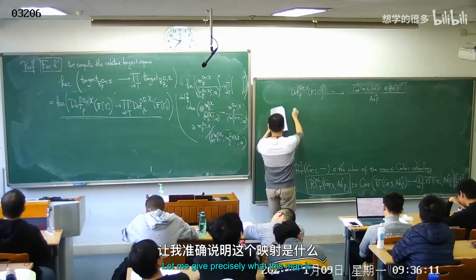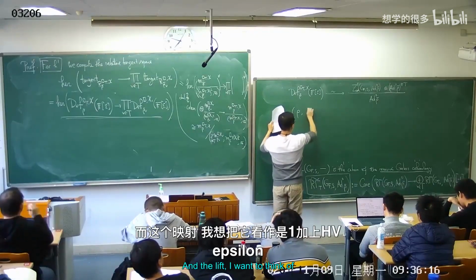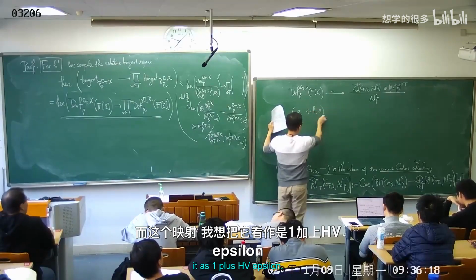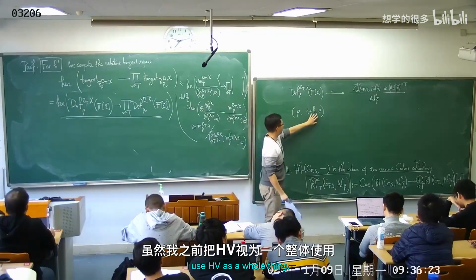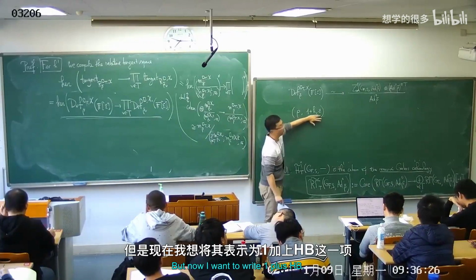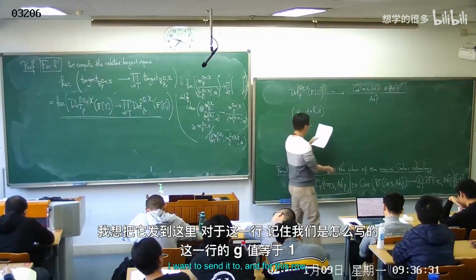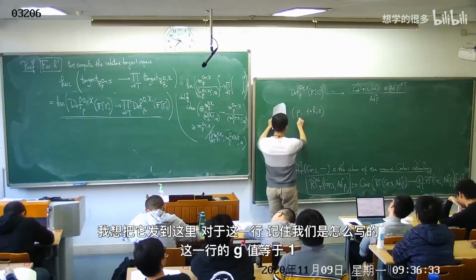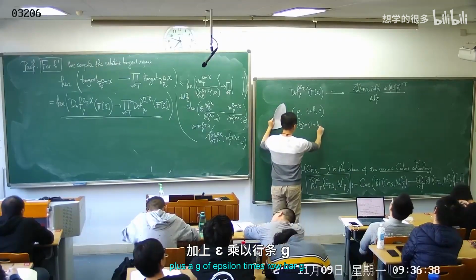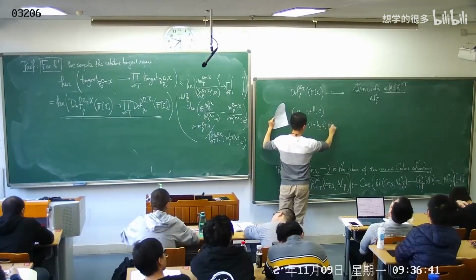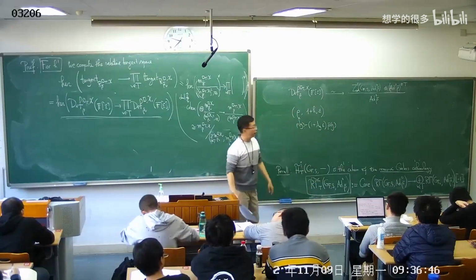Let me give precisely what this map is. The lift is rho, and I want to think of it as 1 plus HV epsilon. Although earlier I used HV as a whole thing, now I want to write 1 plus HV epsilon. Right? So this lifts rho bar. I want to send it to, and for this rho, remember the way we wrote things is that rho g is equal to 1 plus ag of epsilon times rho bar g. Right? So rho is the lift of rho bar to coefficients in epsilon.